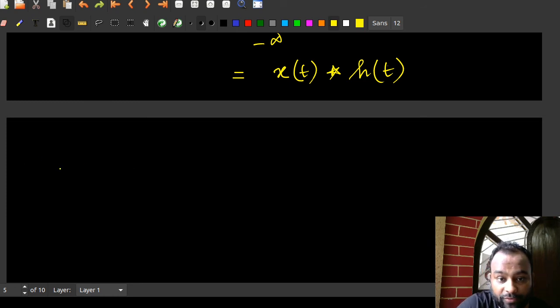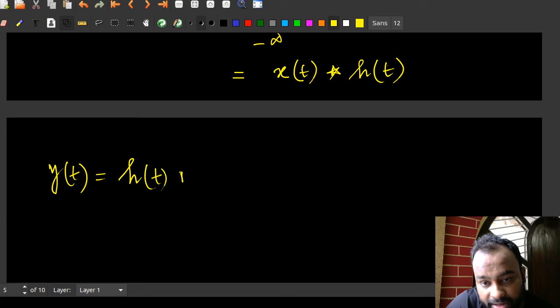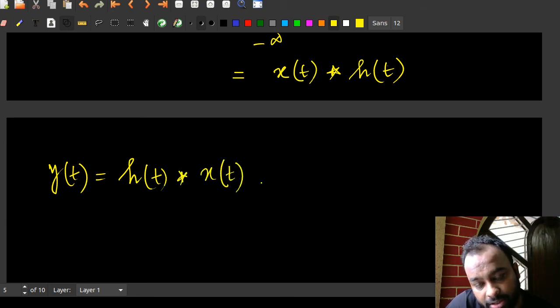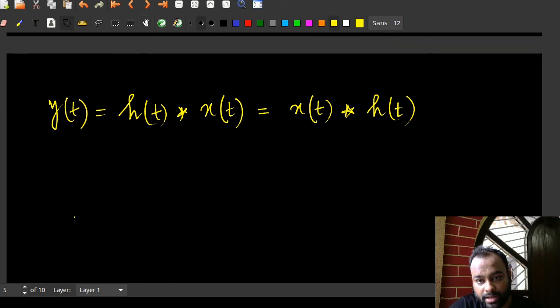So what I just proved is that the convolution operation, which gives me the output of the system when the impulse response of the system is known, represented with this star, is commutative in nature. Which means this is perfectly valid, and so is this.